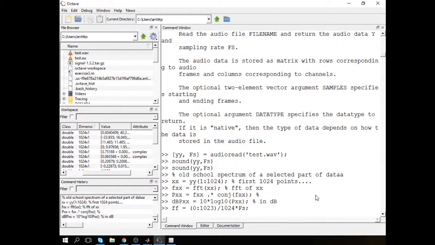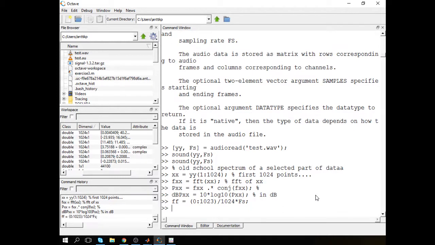Good. And we are interested only in the first half of those values, since the second half is just the lower part of this complex plane. So this is already from 0 to Nyquist frequency.